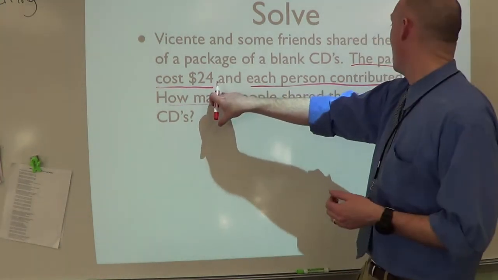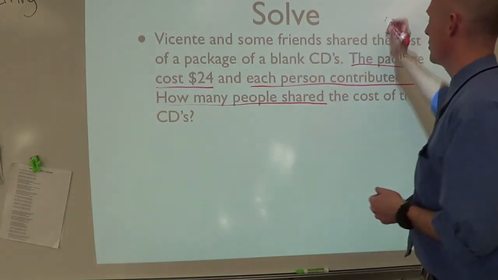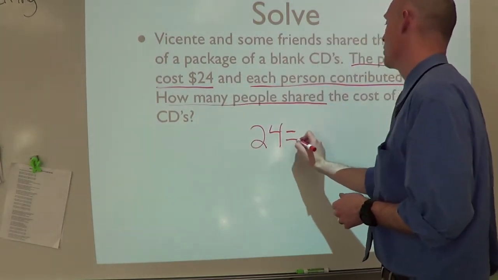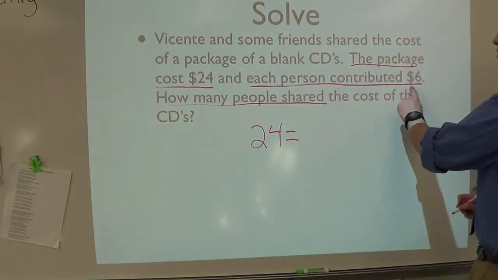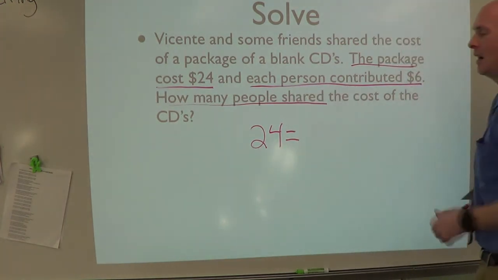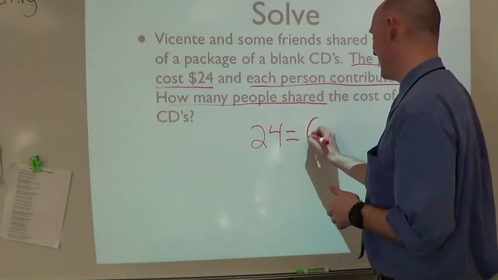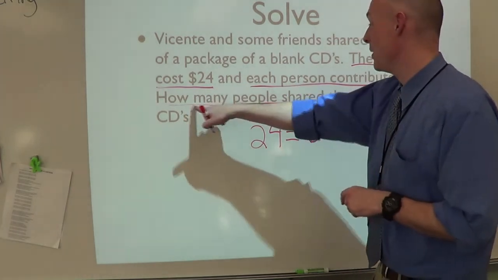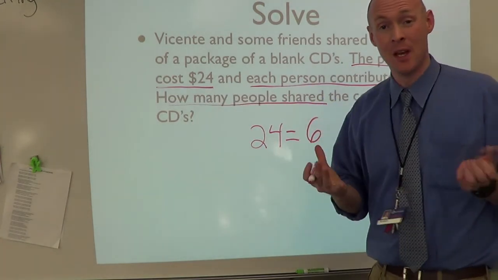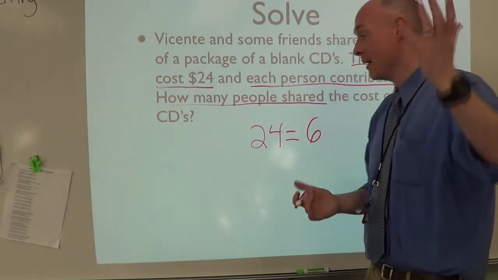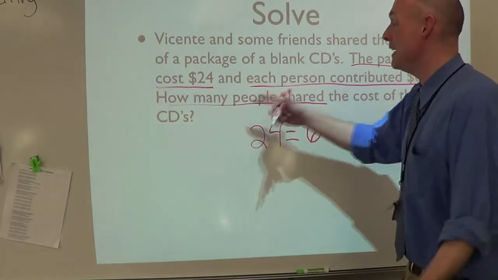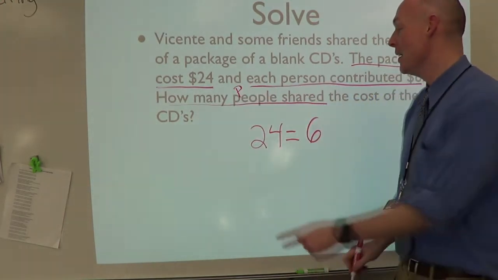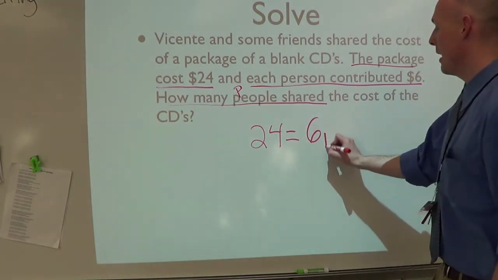So the total cost is $24. 24 equals, each person contributed $6. Okay, so we know it's 6. Do we know how many people there are? No, we don't. That's what the question's asking. So let's come up with a variable. If we're talking about how many people, how about we call it P? So 24 equals 6 times P.